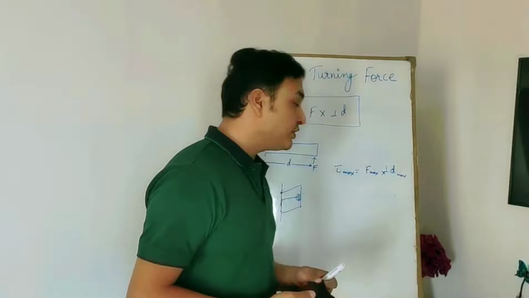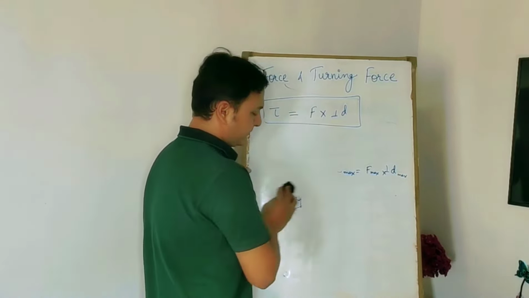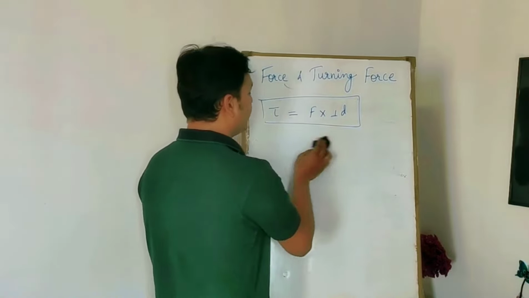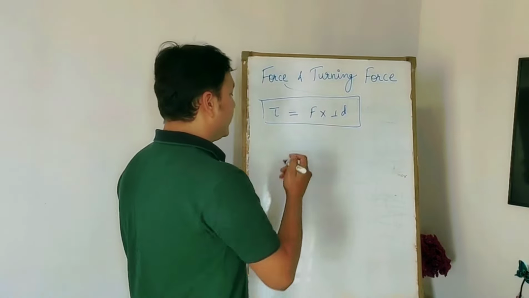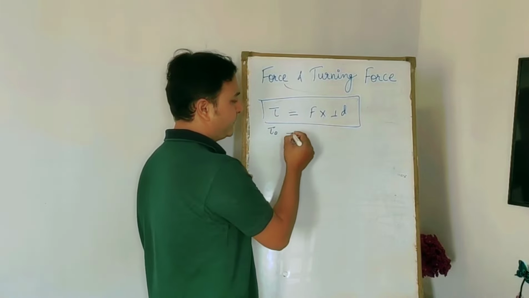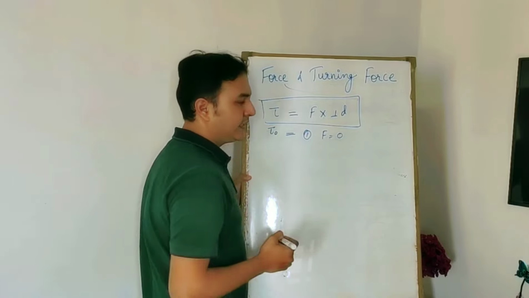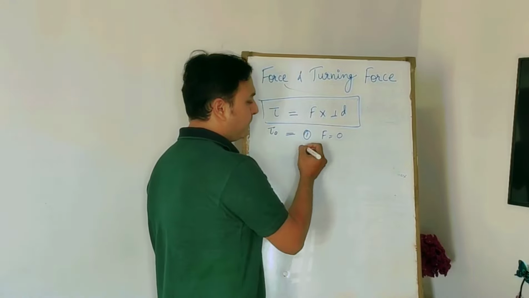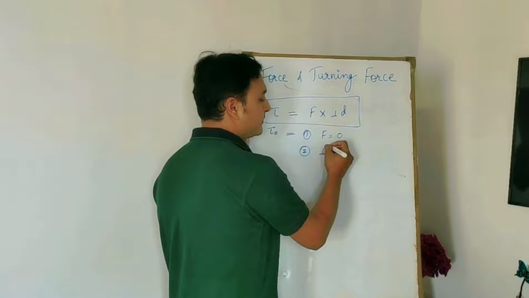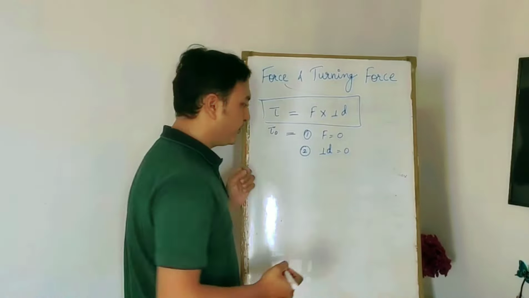Now another question may arise: how to get tau 0? Torque can be 0 by three conditions. First, make the force equal to 0. Second, make the perpendicular distance equal to 0. I hope these two things are clear to you.